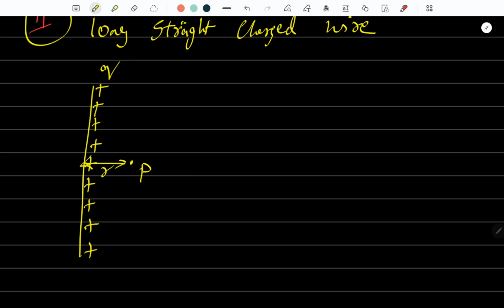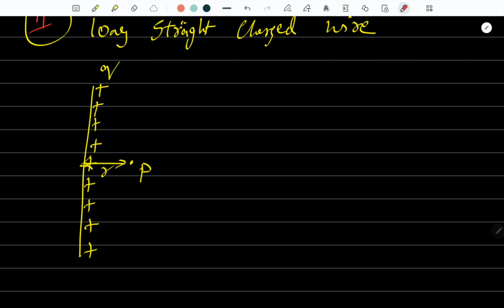Okay, so again this time, you see how we judge about taking the Gaussian surface. That is important. Last time it was a sphere, so we took a sphere so that it becomes easy, similar to the object. This time it's a wire. When you take a cut section, what happens? You get a cylinder.